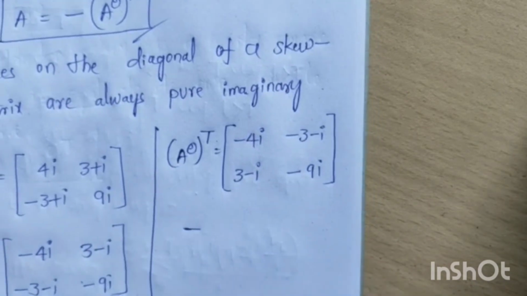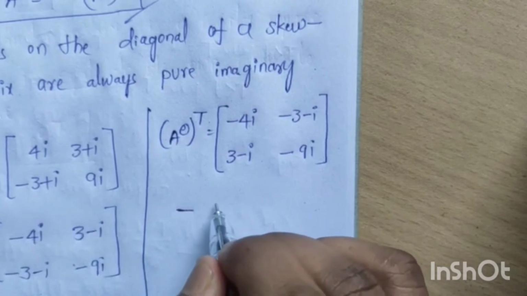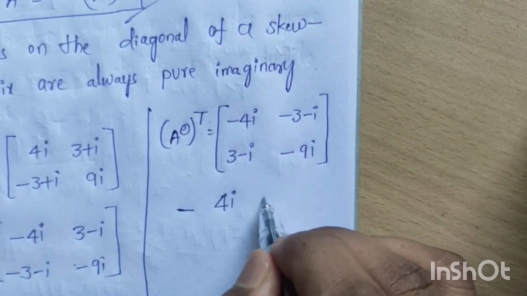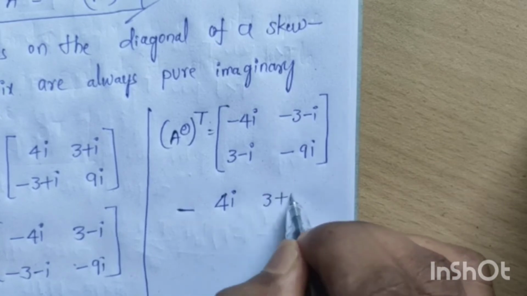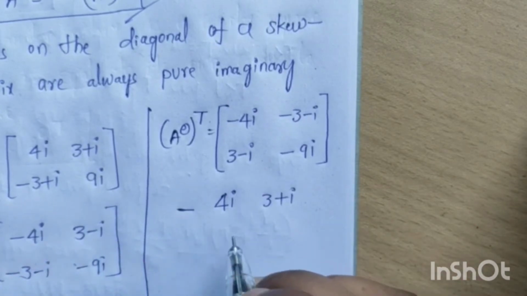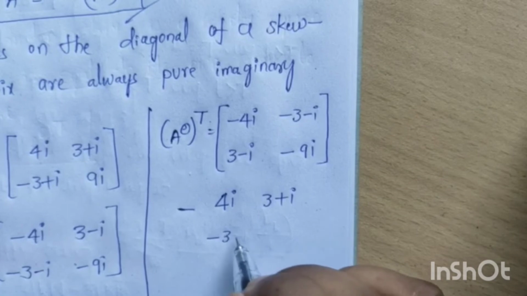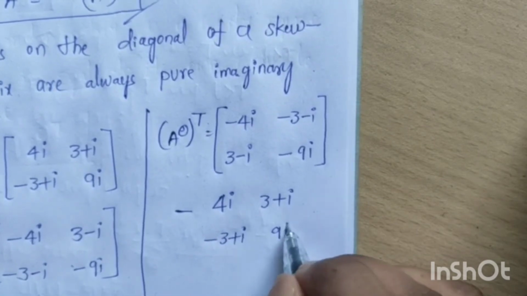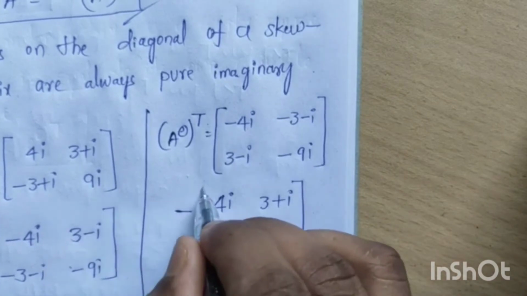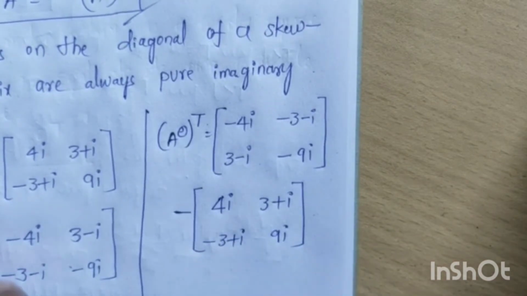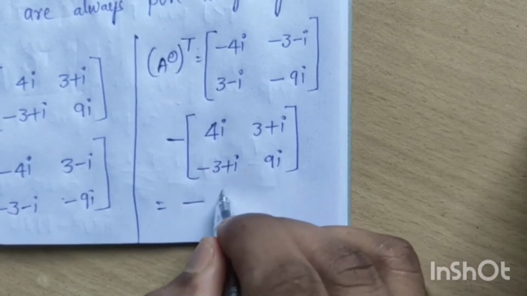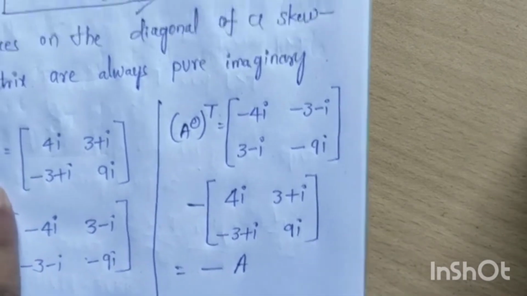Taking the negative common: first row 4i and 3 plus i, second row minus 3 plus i, 9i. The negative common equals minus A matrix.